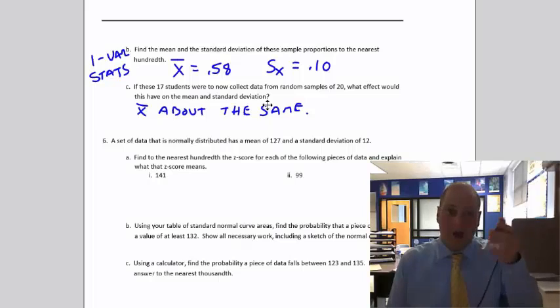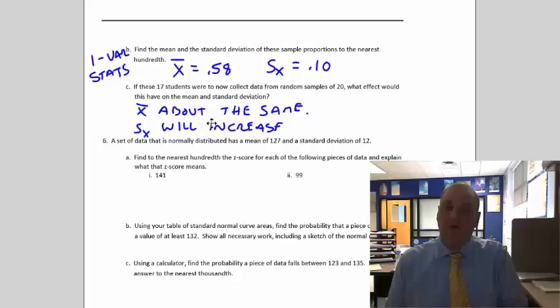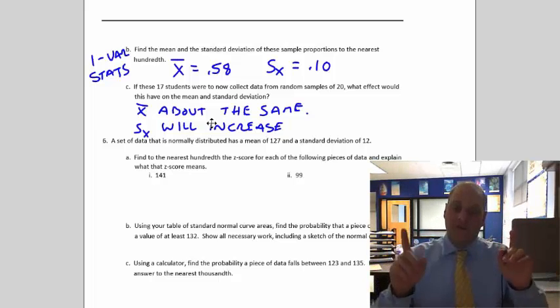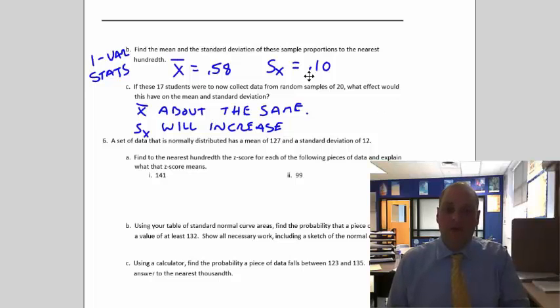It can go up or down, somewhere around 0.58 probably, though. And the SX, the standard deviation, will actually increase. So you're going to have a worse standard deviation, a bigger spread, because we have a smaller sample. We decrease the sample size, so we increase the standard deviation.